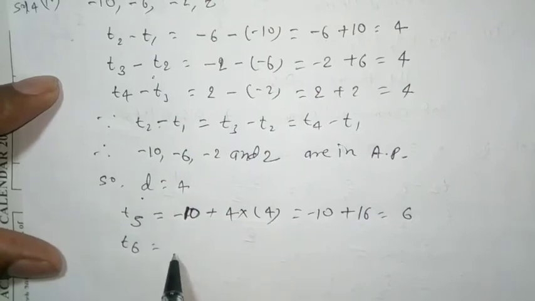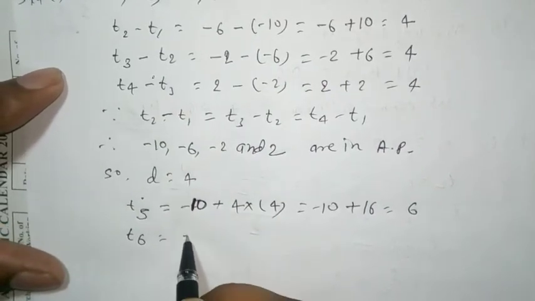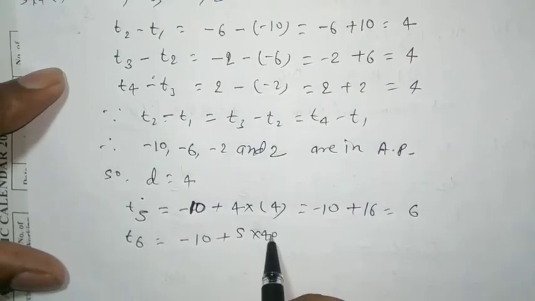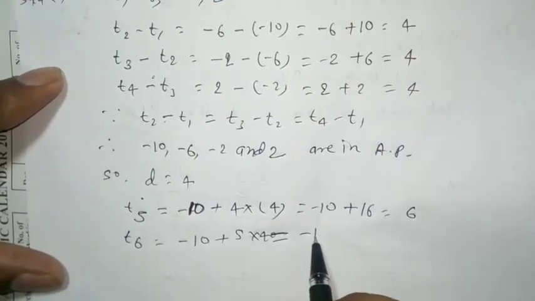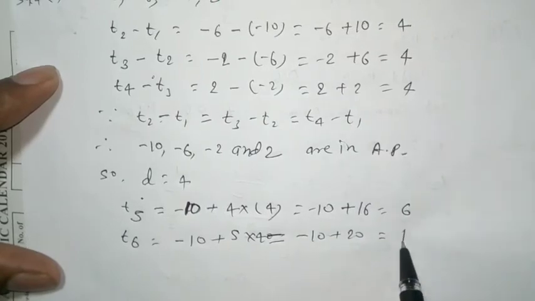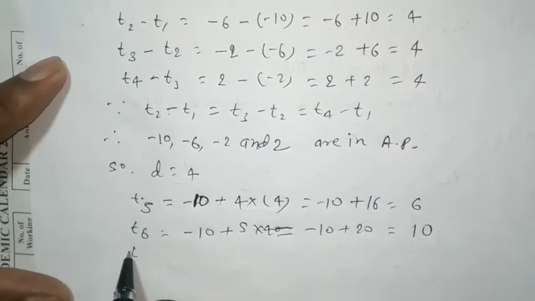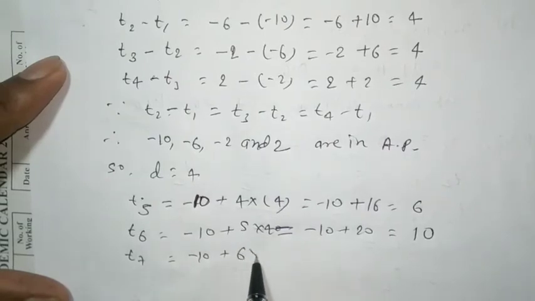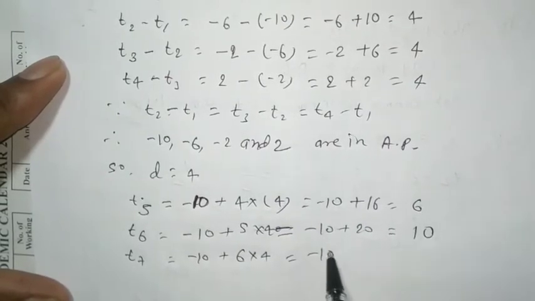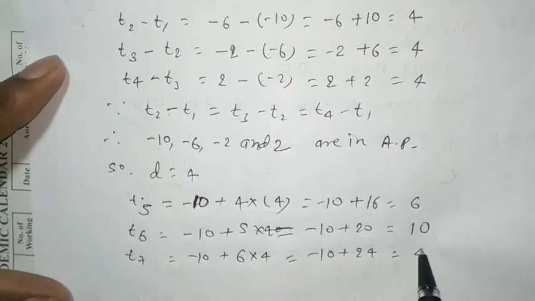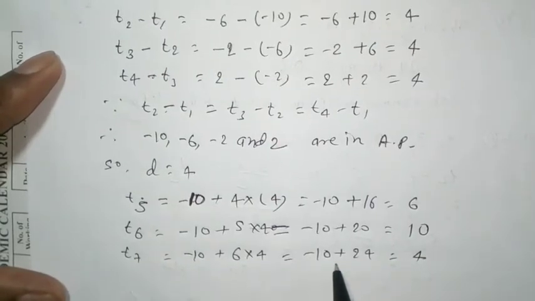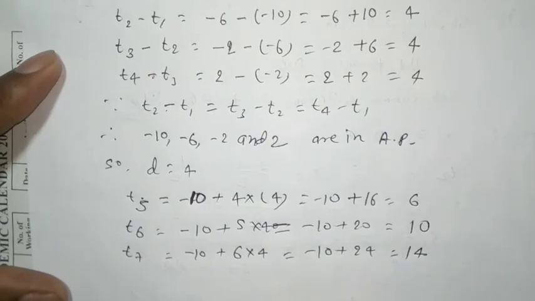T6 is equal to -10 plus 5 into 4, equal to -10 plus 20, equal to 10. T7 is equal to -10 plus 6 into 4, equal to -10 plus 24, equal to 14.